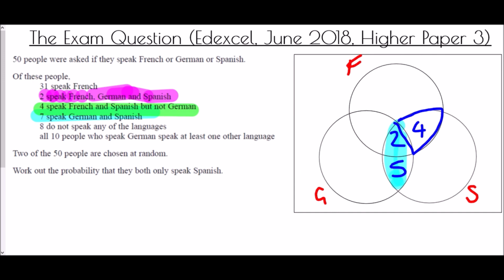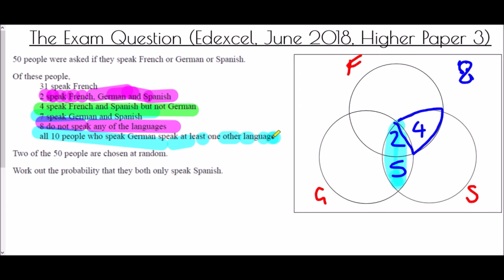If we go to the next line, we have that 8 do not speak any of the languages, and that tells us that there will have to be 8 people on the outside. And the last little piece of information that we've got is coming from the bottom line.